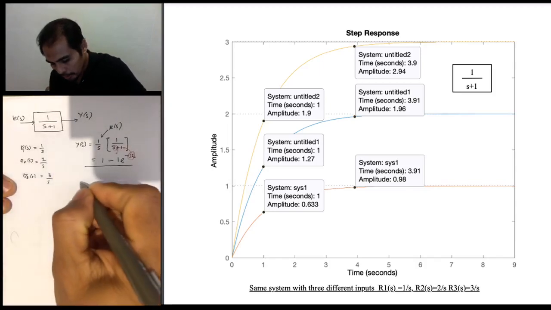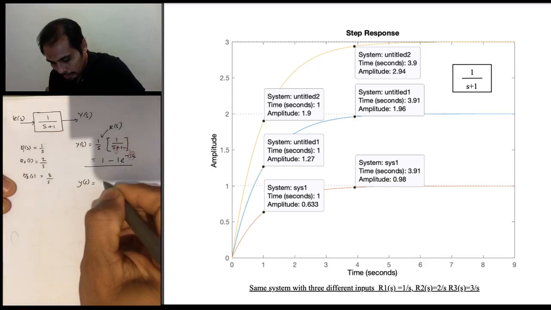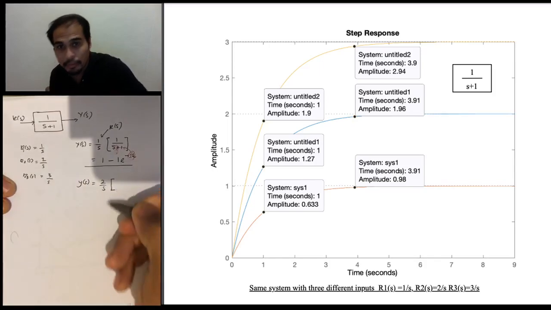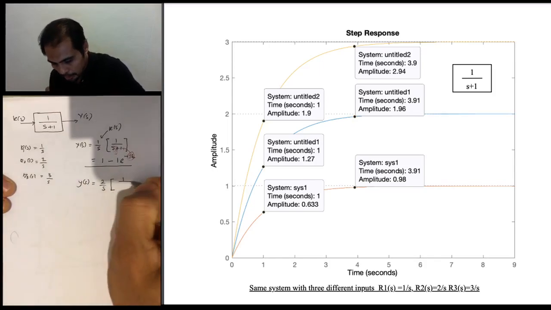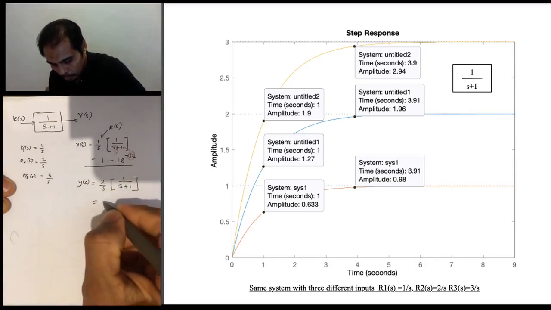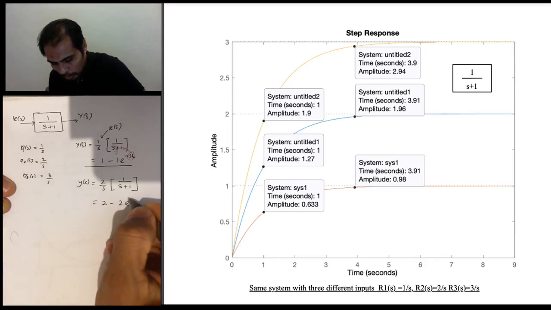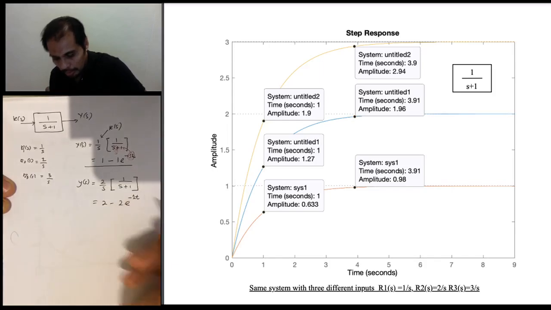Then if we apply 2 over s, the same thing, that will be 2 minus 2e to the minus 1t.